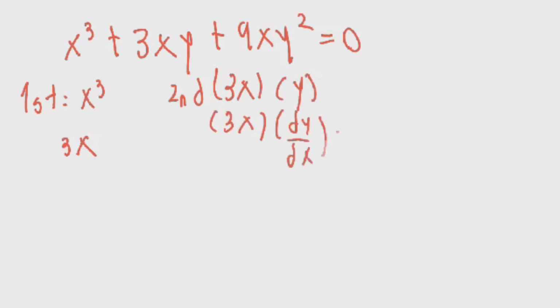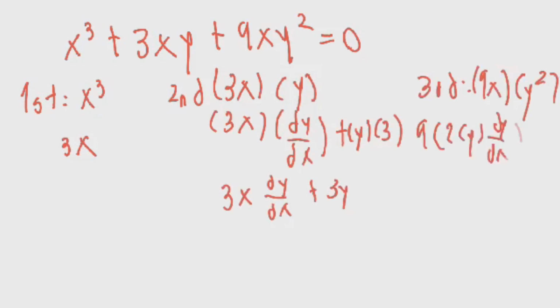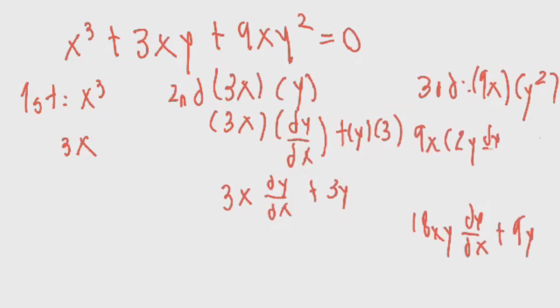Here is an example of how implicit differentiation works, where you differentiate each term from the first, second, and third. dy over dx only signifies unknown variables, which we do not know as of yet. After differentiating each term, you now add them up the same way the function was. So, seeing as x cubed plus 3xy plus 9xy cubed squared is equal to 0, we order them the same way.